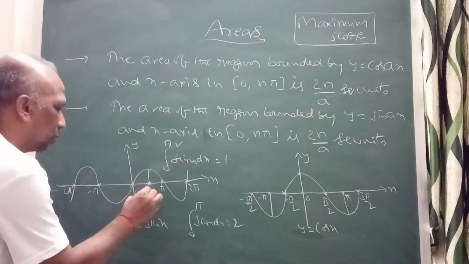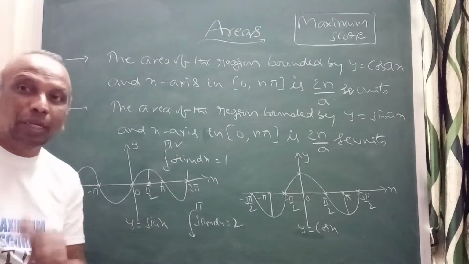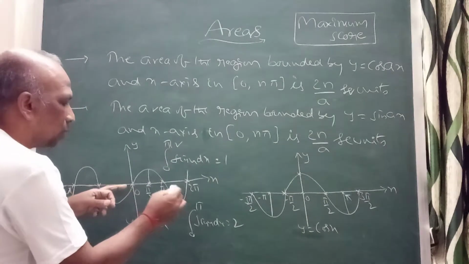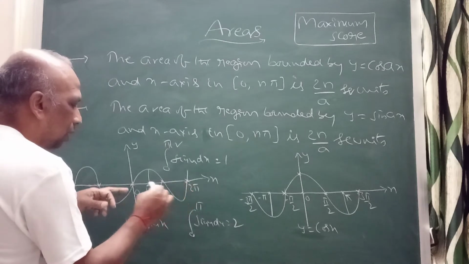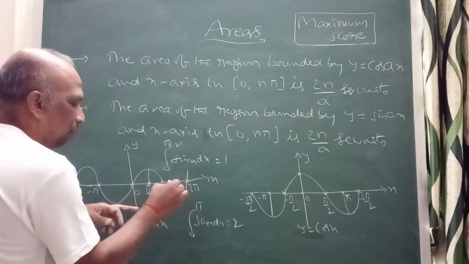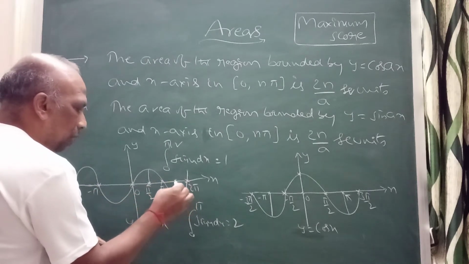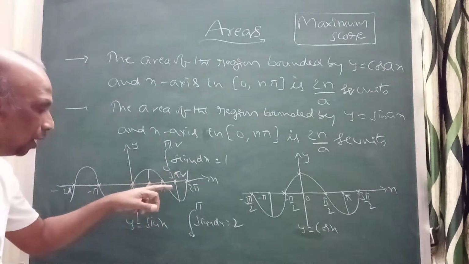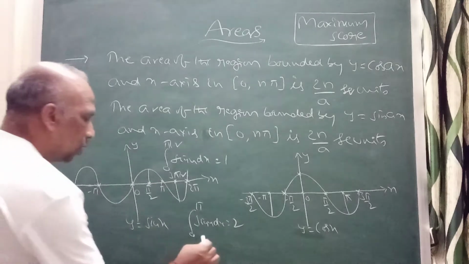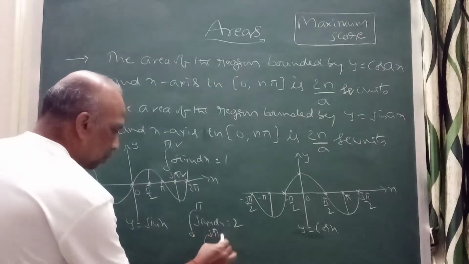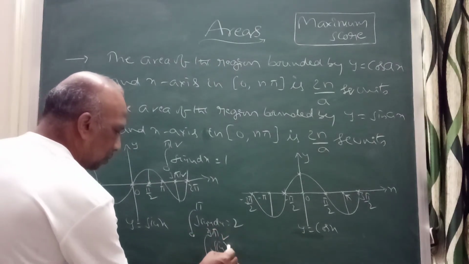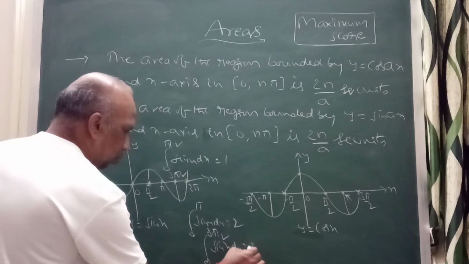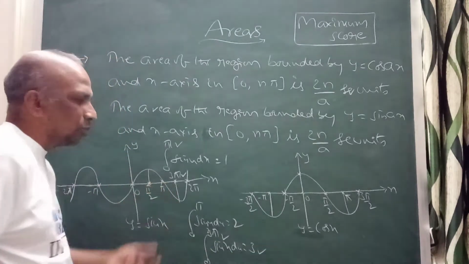This is pi by 2, this is pi, and this is 3 pi by 2. If they ask 0 to 3 pi by 2, the integral of sin x dx will be 2 plus 1, 3.